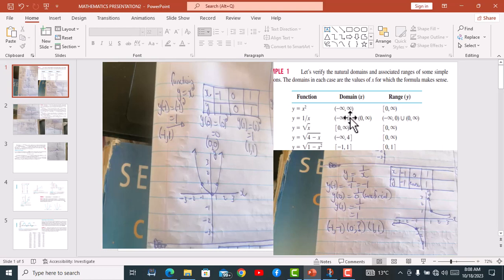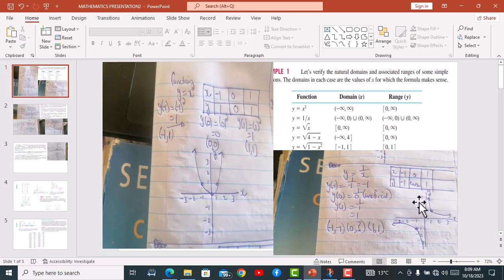It will approach 0 but never touch, hence we are having this open bracket. Very important, the union sign, we are combining two things because there are two pieces here. So this is the first piece. Negative infinity to 0, but 0 is not included because it cannot have a value at 0, because it has an asymptote at that point.